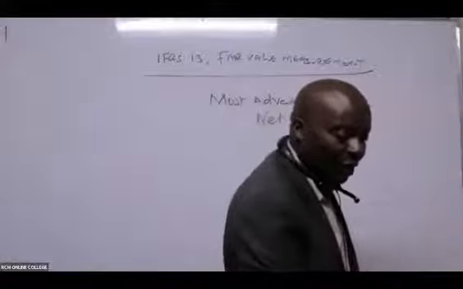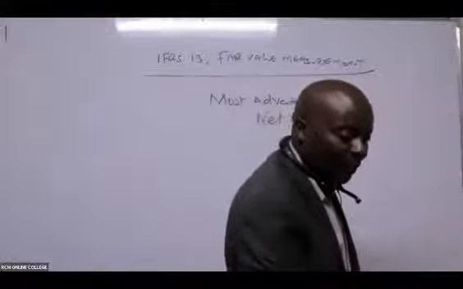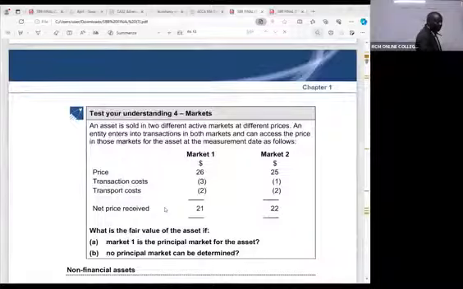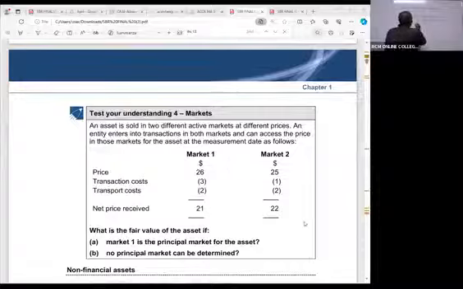Like in our case here, ladies and gentlemen, if you look at the net selling price, 21, 22. Market 2 is the most advantageous market because 22 is higher.